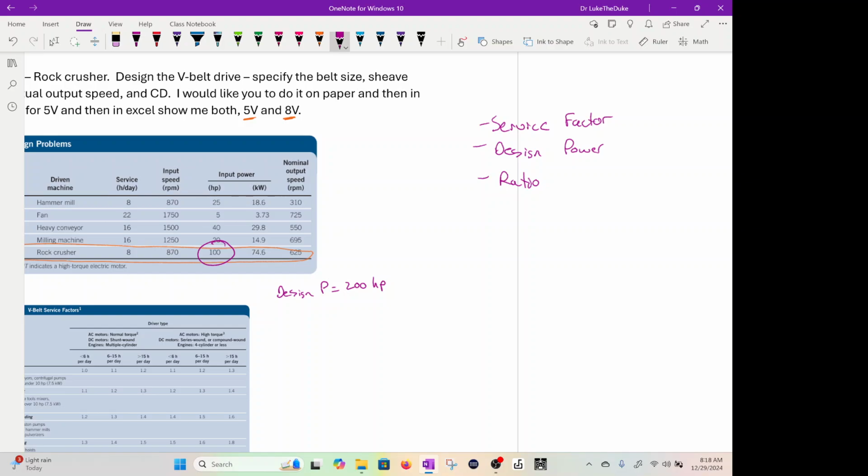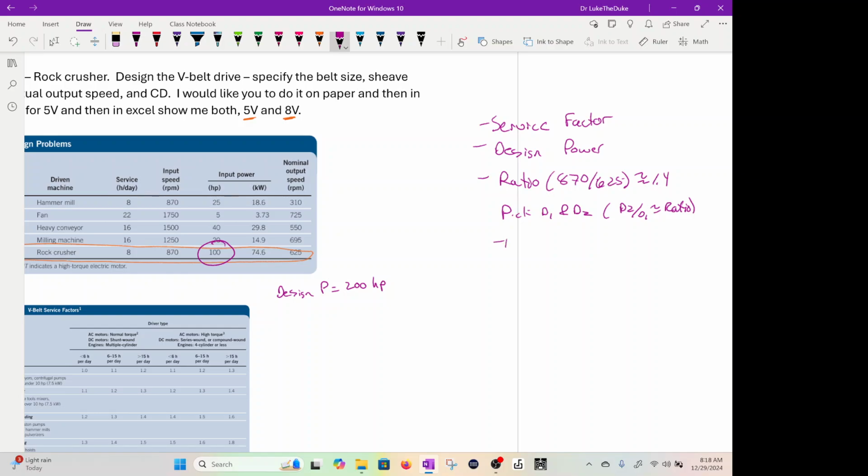So this one is going to be 870 over 625, which should be about 1.4. So that's your velocity ratio. You can then pick D1 and D2 based on that ratio. D2 over D1 gives you that ratio, so you can pick those.